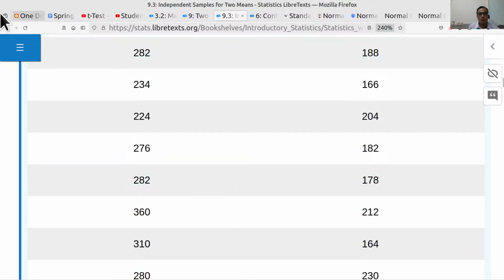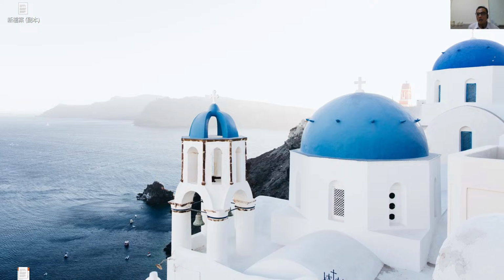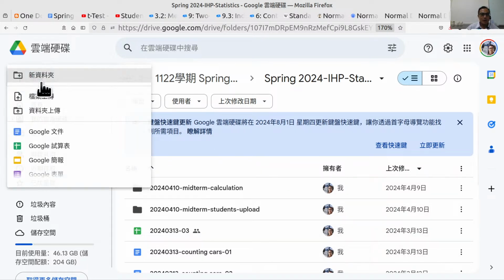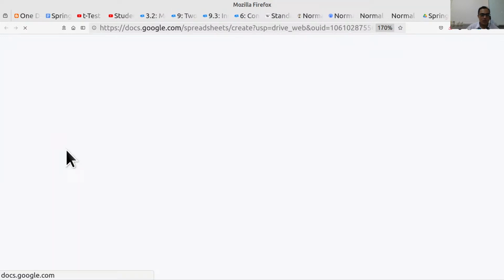First, go to your Google Drive. Here is my Google Drive, and create a Google spreadsheet.